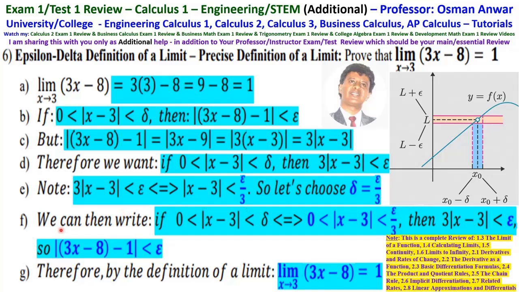That means the absolute value of 3x minus 8 minus 1 is less than epsilon. Therefore, by the definition of a limit, the limit as x approaches 3 of 3x minus 8 is equal to 1.